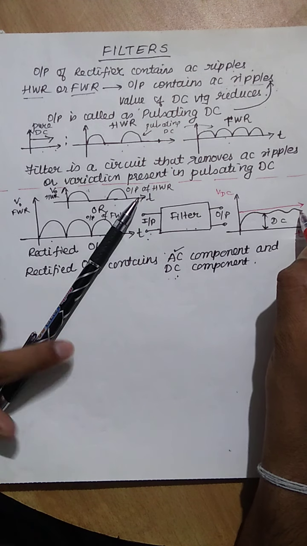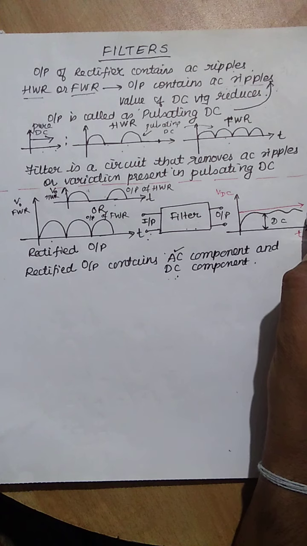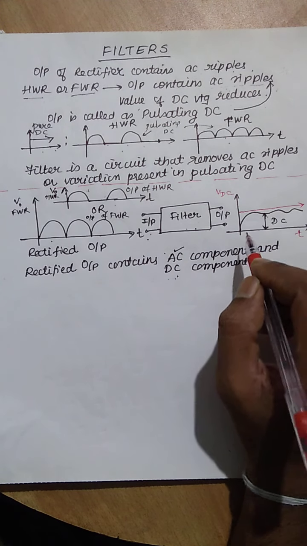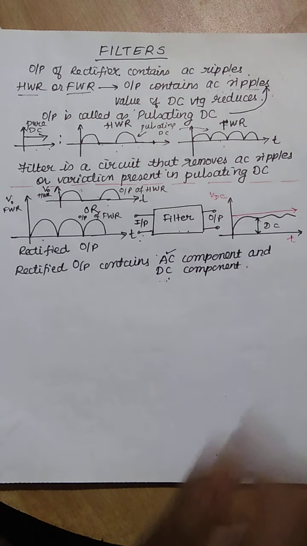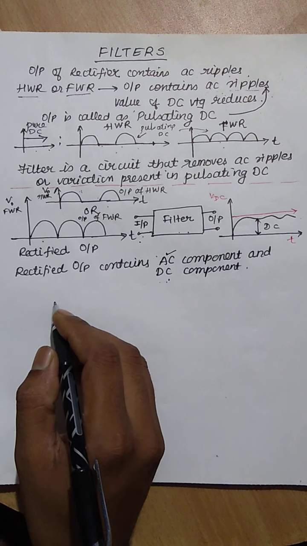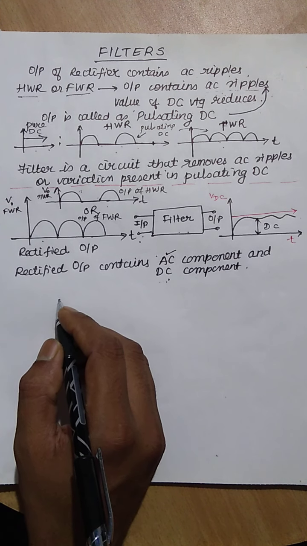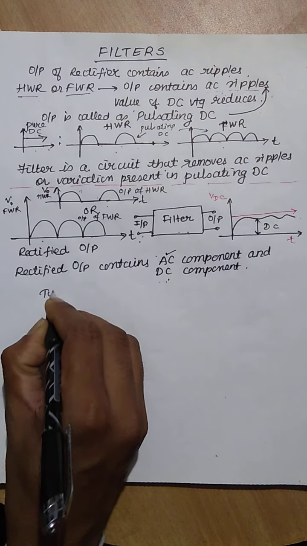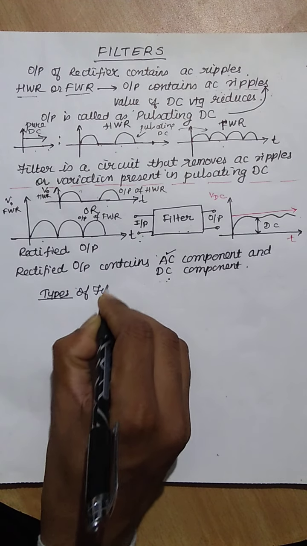So we will discuss the filters one by one and how we will obtain a pure DC using a filter. So to remove the AC component or AC ripples, there are different types of filters. So we will first discuss types of filters.